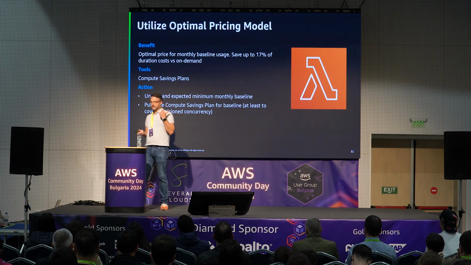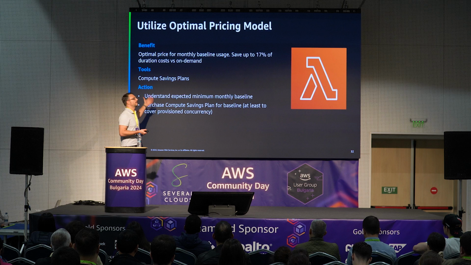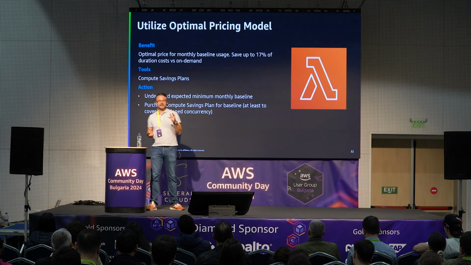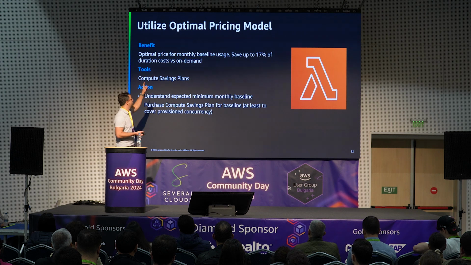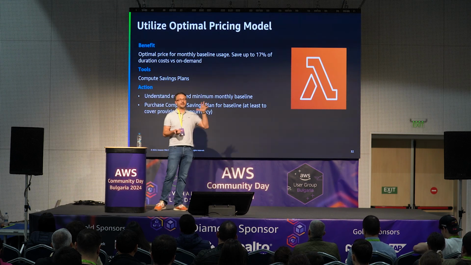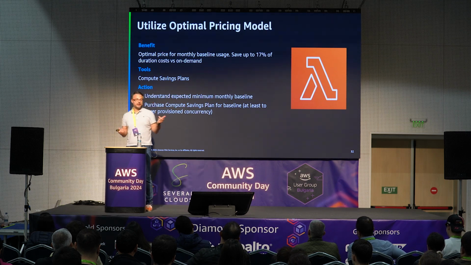Another quite interesting thing you can do, and this is probably the only thing in my presentation which is not technical, is compute savings plans. Those compute savings plans can be applied to Lambda as well.